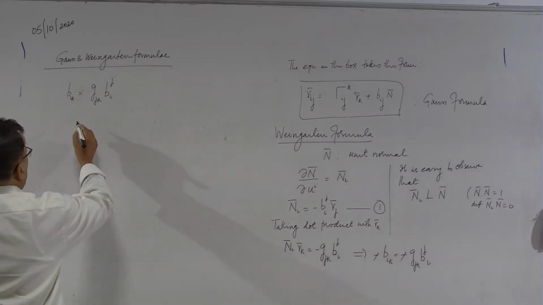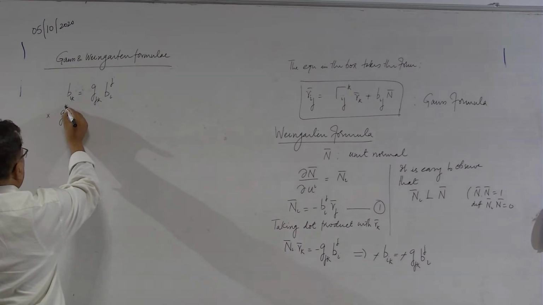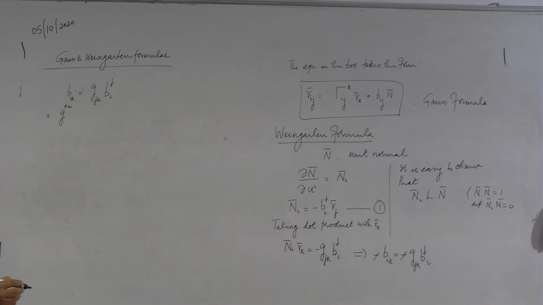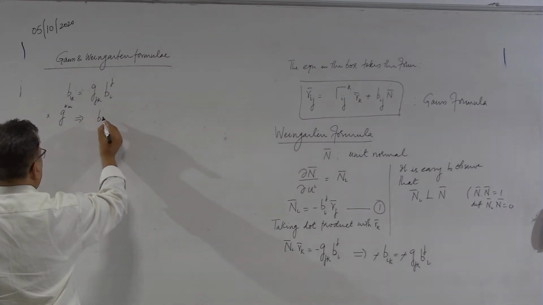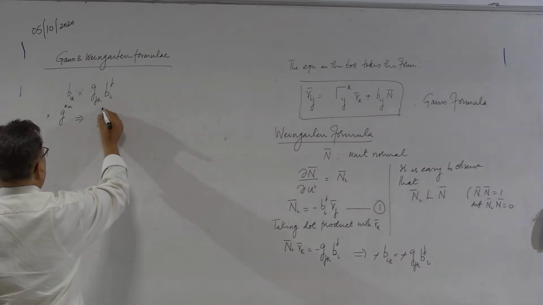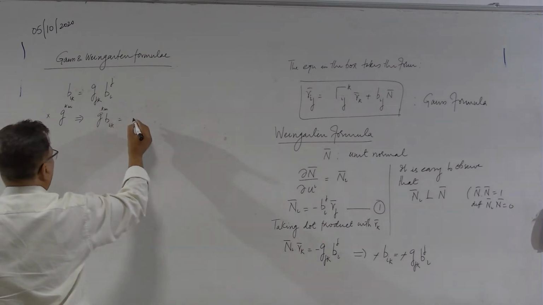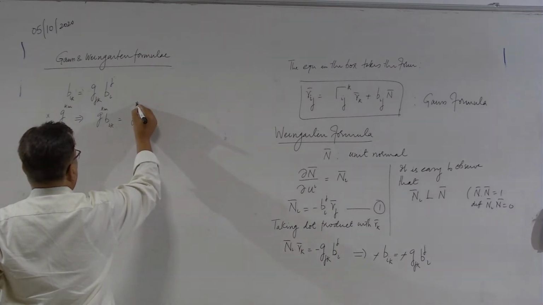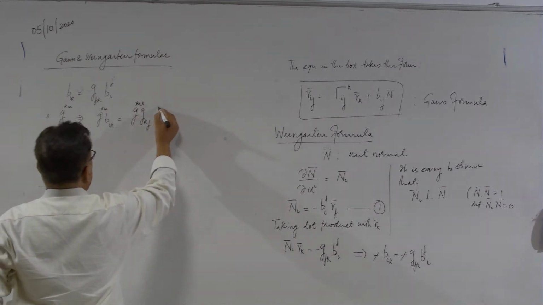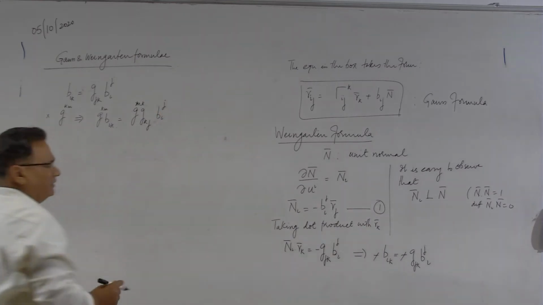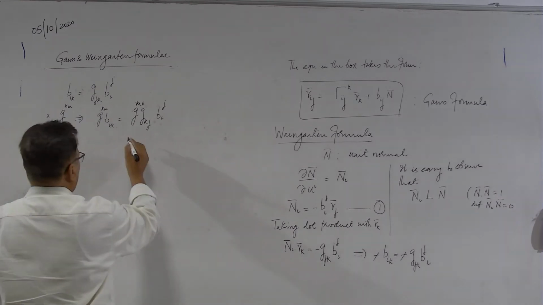So, what do you do now? You multiply both sides by G k m. So, this multiplication will give you that G k m into B I k is equal to G k m, or G m k same thing, into G k j, same thing, into B j I. G I j's are symmetric both upper and lower. So, we do not mind interchanging them.